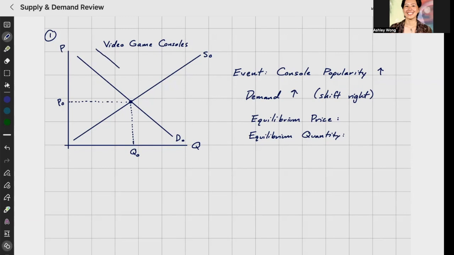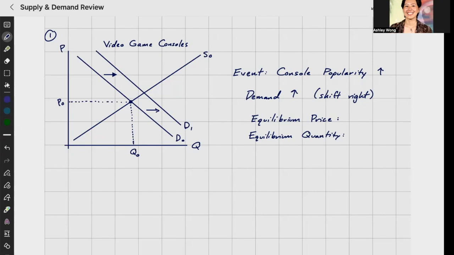So let's go ahead and show that on our graph. We can also add in some arrows just to show the direction of our shift. And don't forget to label the new demand curve as well.